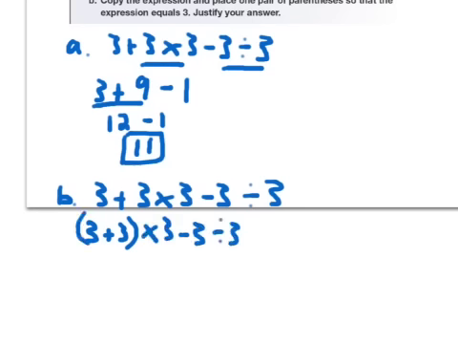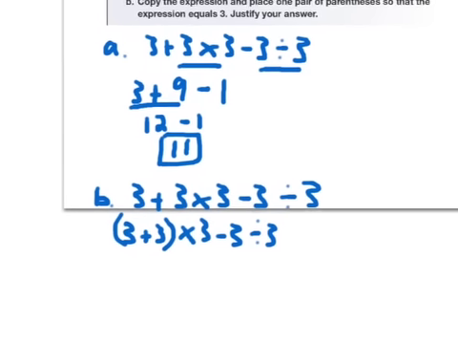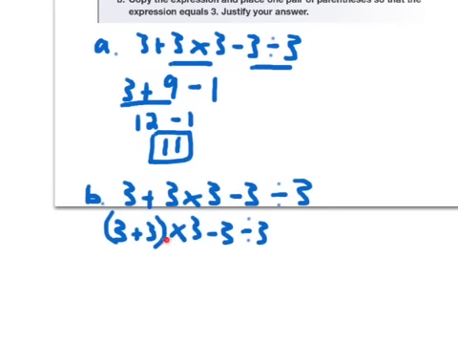Well, if I solved this, I would do 3 plus 3 first. That's 6. Then I would have a multiply. So then it would look like this. It would be 6 times 3 minus 3 divided by 3. Well, now I've got times and divide.